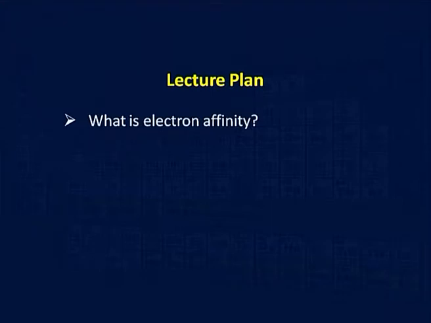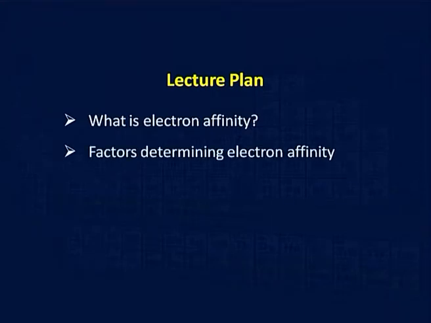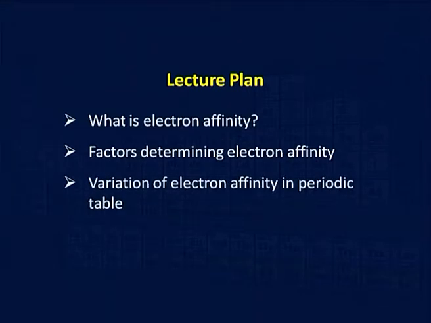This is also one of the periodic properties, and we will discuss what electron affinity is, what factors determine the electron affinity, and then the variation of electron affinity in the periodic table.